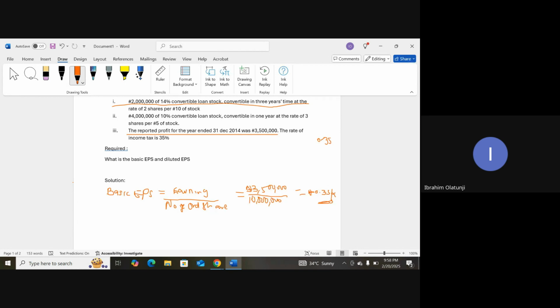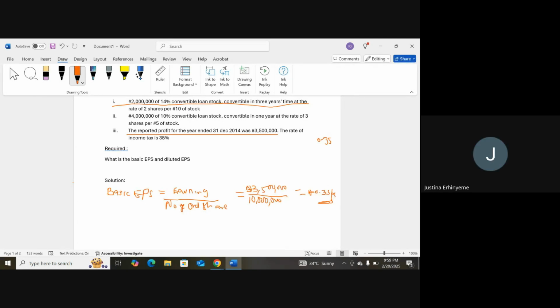Is it clear? In layman's terms, if it's higher, you will not add it. If it's lower, you will add it. What is higher, what is lower? The easiest way: if the test of dilution, the one with the formula of interest savings net of tax, is higher than the basic EPS, you will not add it.